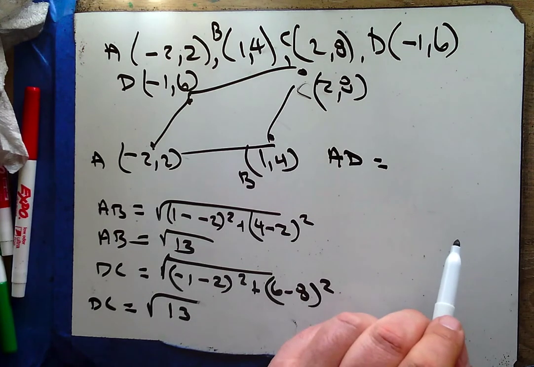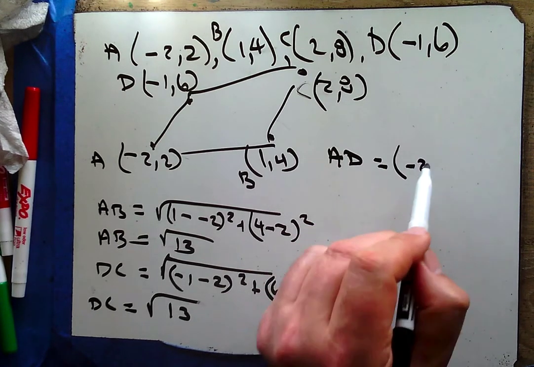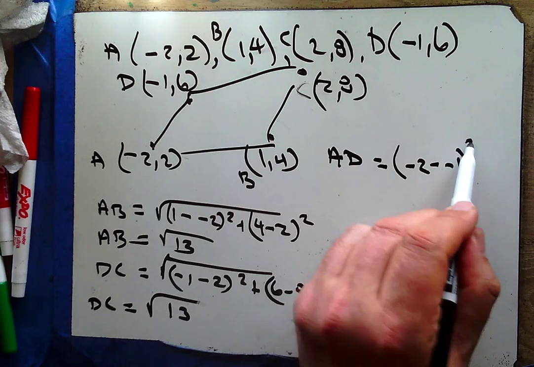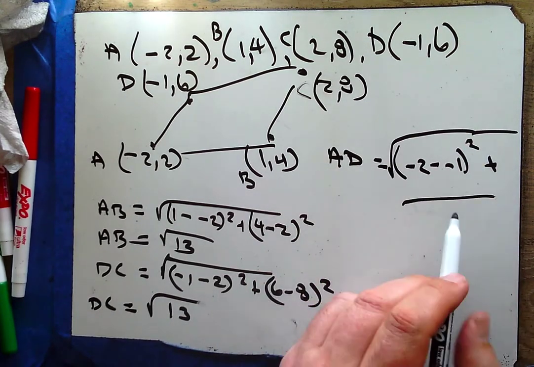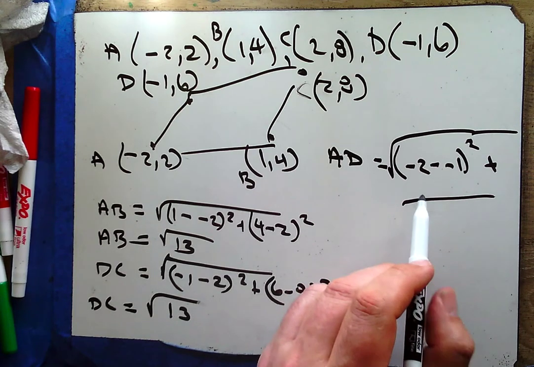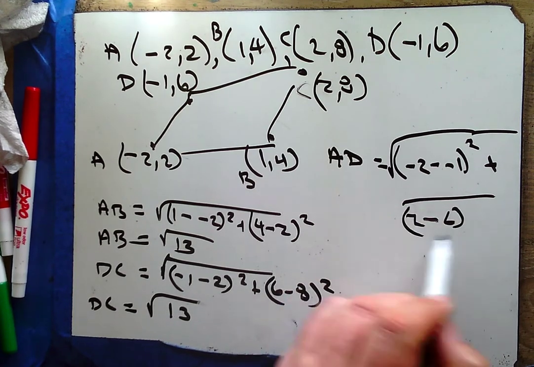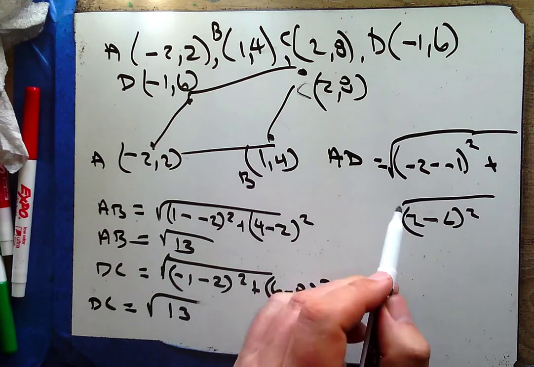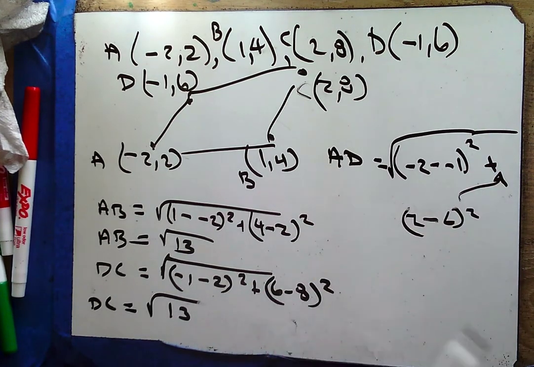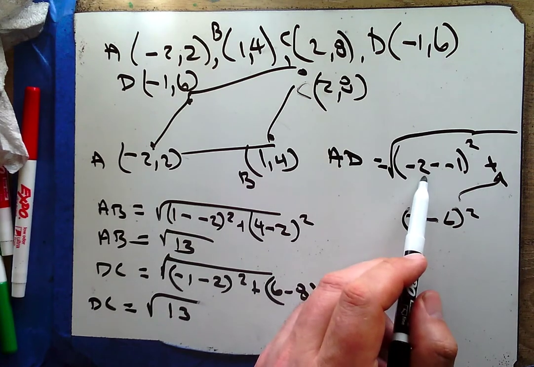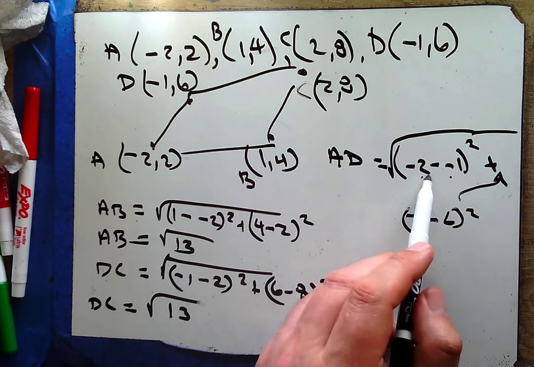So AD, negative 2 minus 1 squared plus 2 minus 6 squared. That's over here. Okay, so that's going to be negative 1 squared, which is 1.